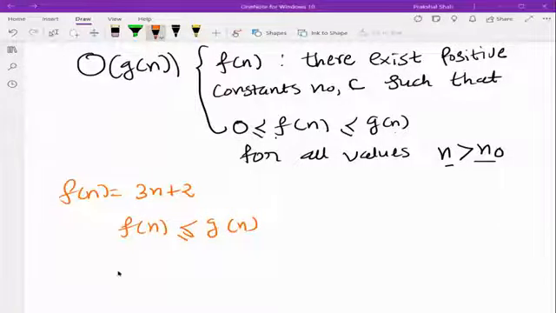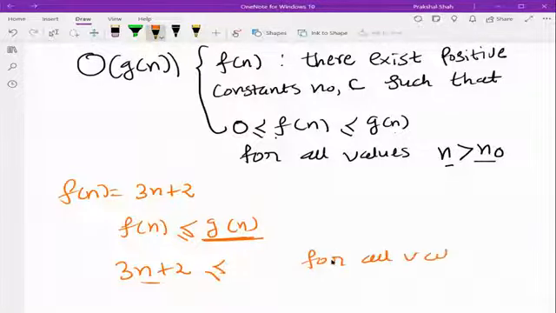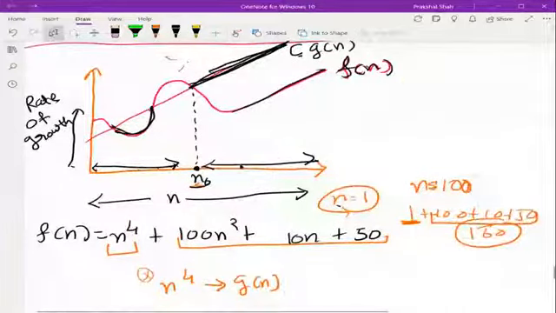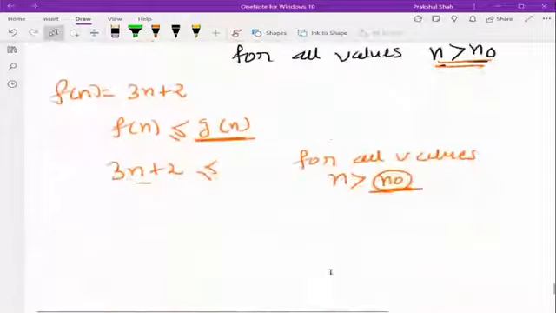You need to find a g of n that guarantees an upper bound, for all values of n greater than n0. So you need to find the point after which it is guaranteed to hold.